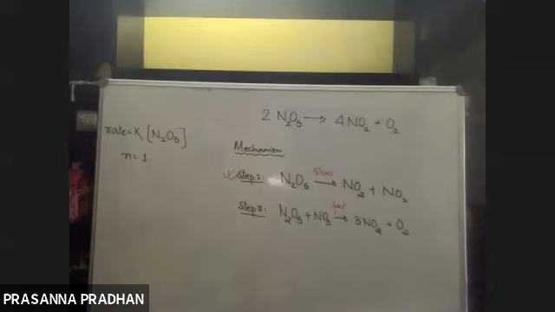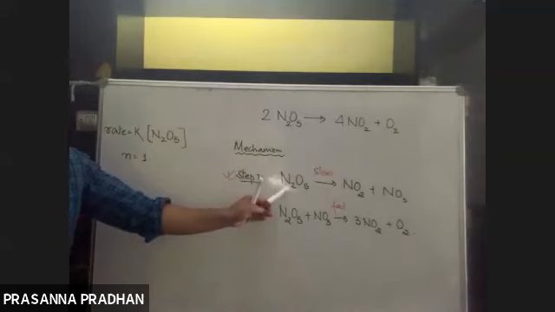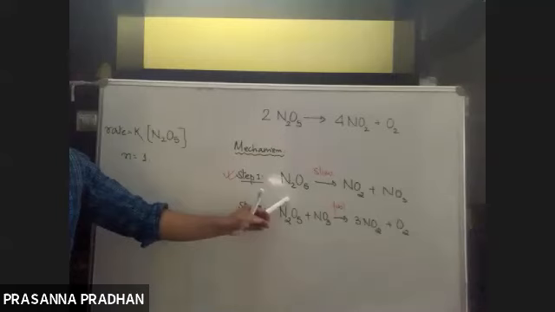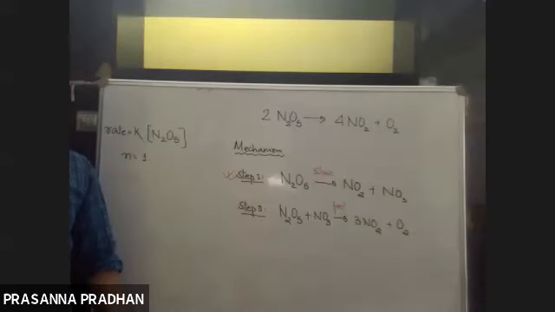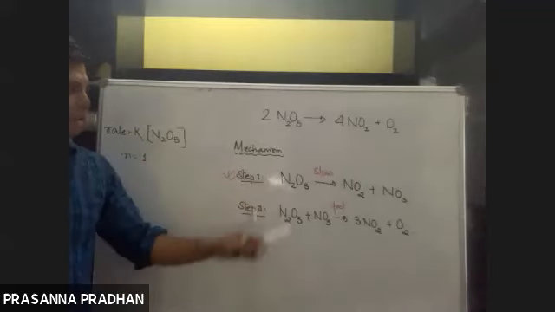Fine. Now, what is the molecularity of this step? 1. How many species are involved? 1. It's a unimolecular reaction. What is the molecularity of this step? 2. So each step has its own molecularity. So if I ask you, what will be the molecularity of the overall reaction?